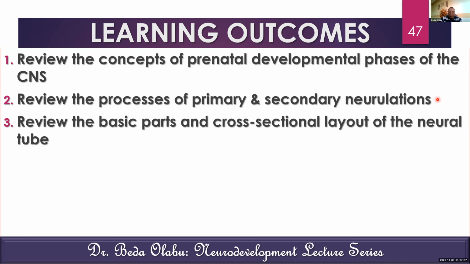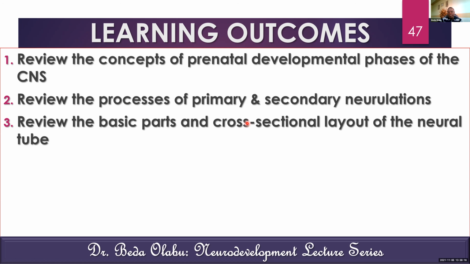We'll also look at a brief review of the basic parts of the neurotube, as well as the cross-sectional anatomy of the neurotube. These have been captured well in the first lecture on neurulation and neurotube defects.